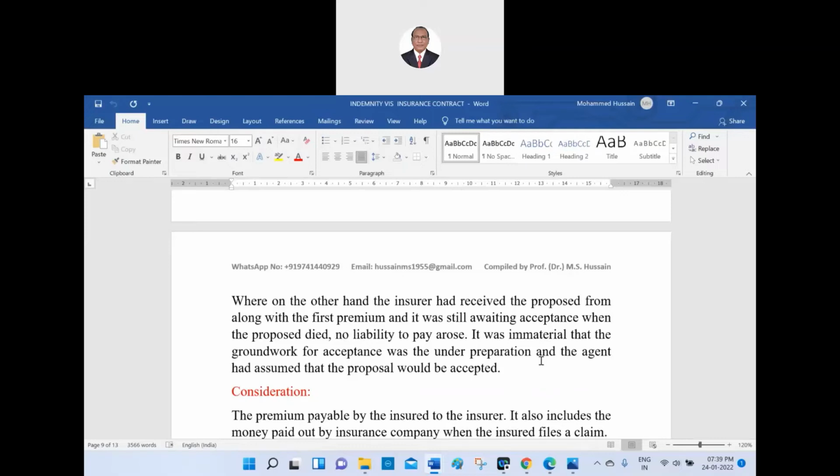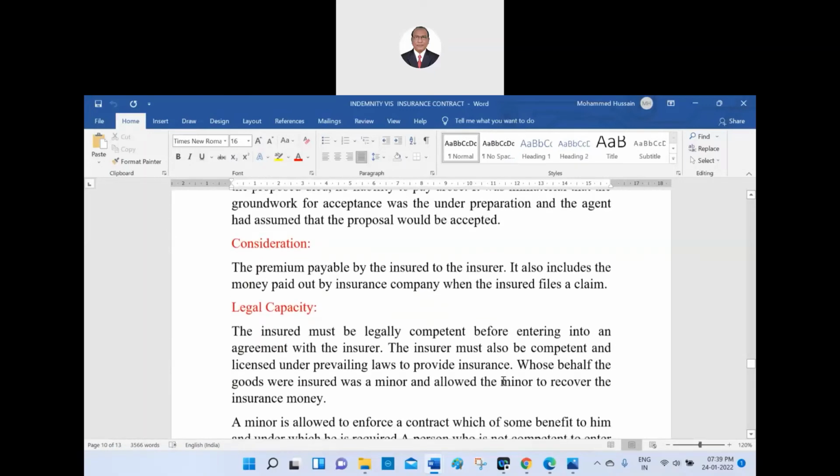Up to that extent, we cannot say that it is a legally binding insurance contract. In case the premium is given as a DD, it is nothing but cash down, and if it is accepted by the insurer, then it is a valid contract. So that is very much important.